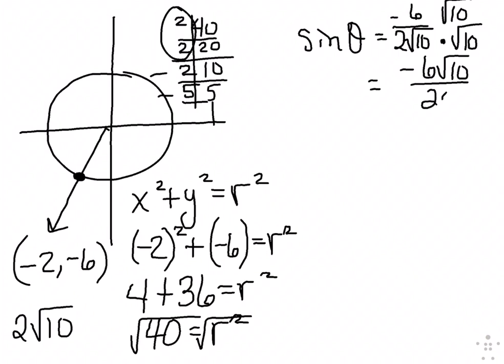Good job. Now if you leave it like that, I'm still marking half wrong because you didn't reduce the fraction. What can I divide both the 6 and the 20 by? 2. And what do I get? And don't forget the root 10 too.